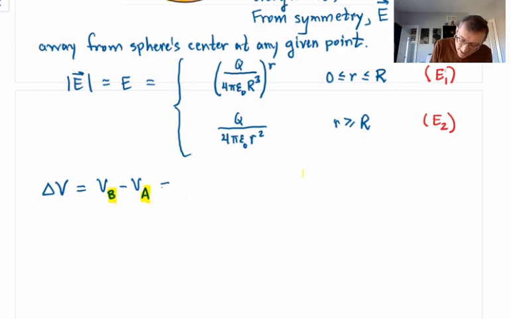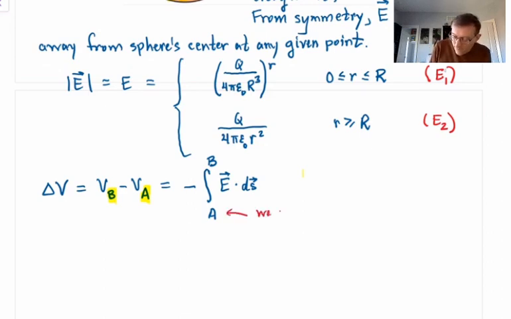And that will be the negative of the line integral from the initial point, A, to the final point, B, of the electric field dotted into a little tiny displacement ds along a path that we pick.